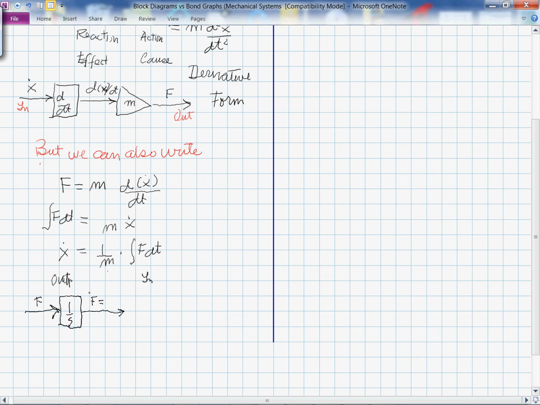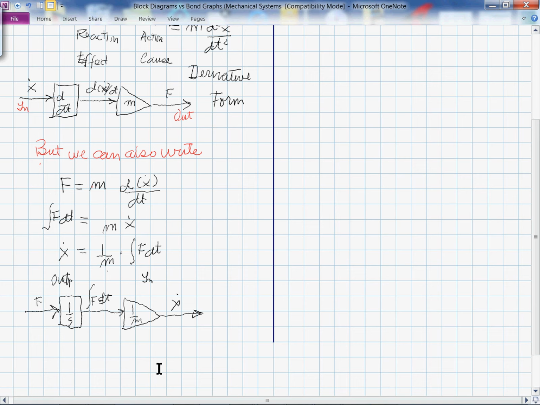F dt is what we have here. And now on this side, if we multiply it by 1 over m, then we are going to have the output over here, which is x dot. See? So in this integral form, the result is the velocity is 1 over m times the integral of f dt.